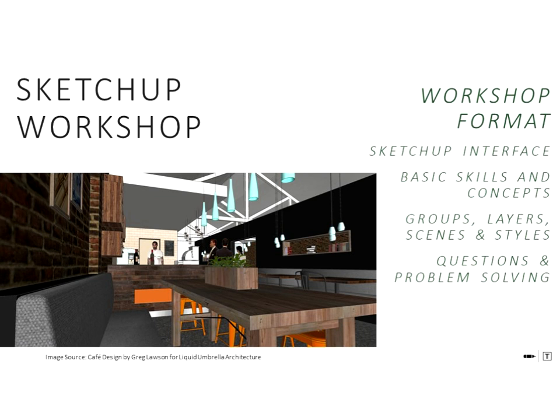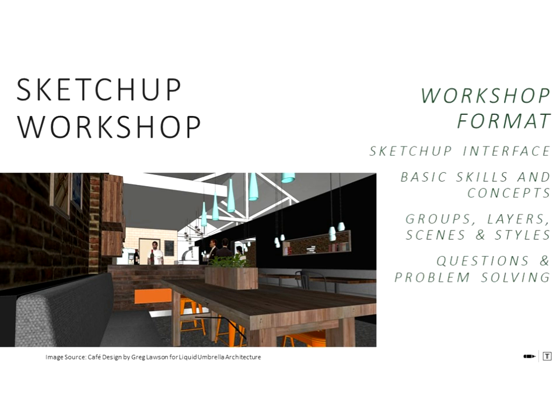So the workshop format for today, we'll briefly cover the SketchUp interface just so that anyone who hasn't seen these before can be up to speed with toolbars. Recap on some basic skills and concepts, but for most of you now you'll have some skills already, so you won't need too long on that. And today we're going to focus on groups and layers.